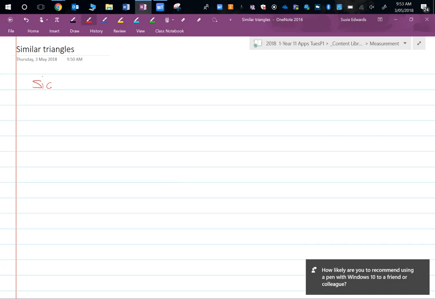Side, side, side. Okay, or sometimes we just write S, S, S. So side, side, side. What do you think that might mean when we're talking about two different triangles? The three sides are, it's not about the same because it's similar, in the same ratio.